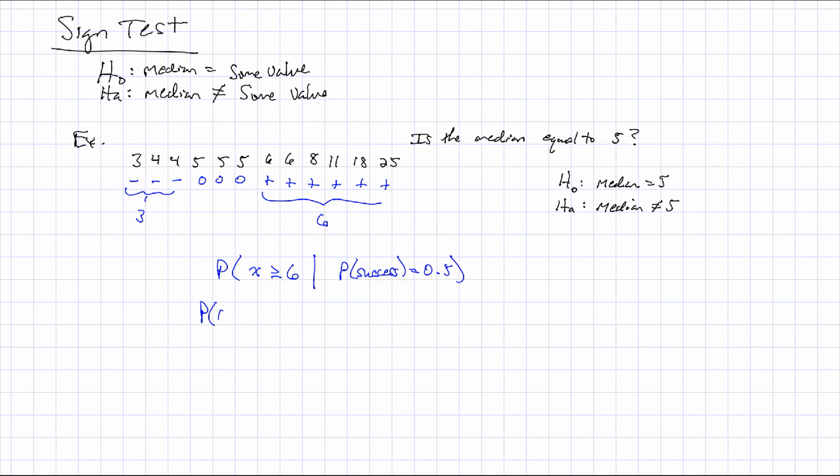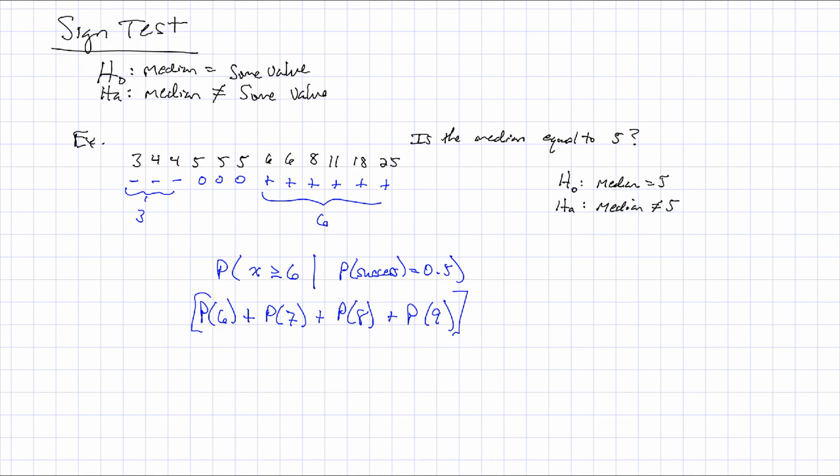Alright, so what we can do is actually calculate this, because we can say, well, what's the probability of getting 6 successes? What's the probability of getting 7 successes? What's the probability of getting 8 successes? And what's the probability of getting 9 successes? Now, we have more than 9 data points, but we only include the counts that are pluses or minuses, so in this case it's 9.